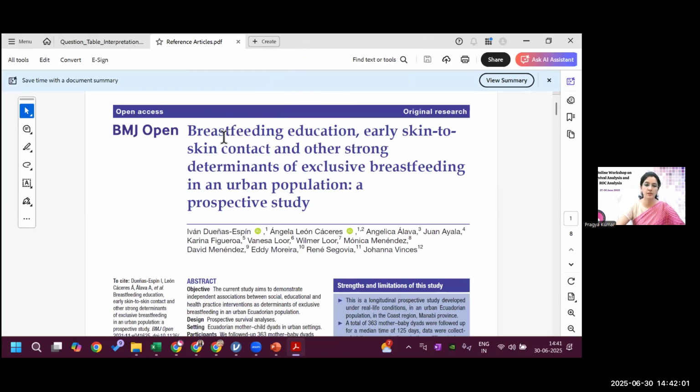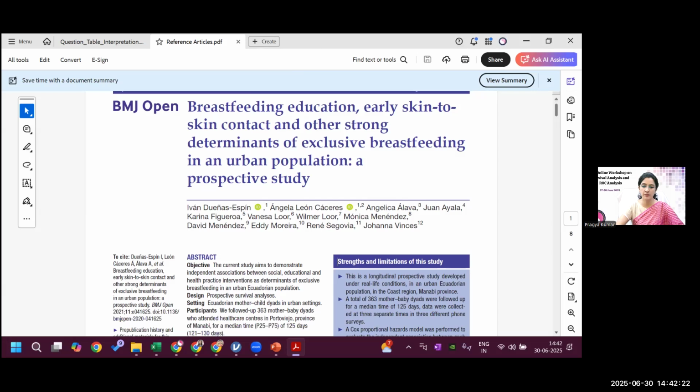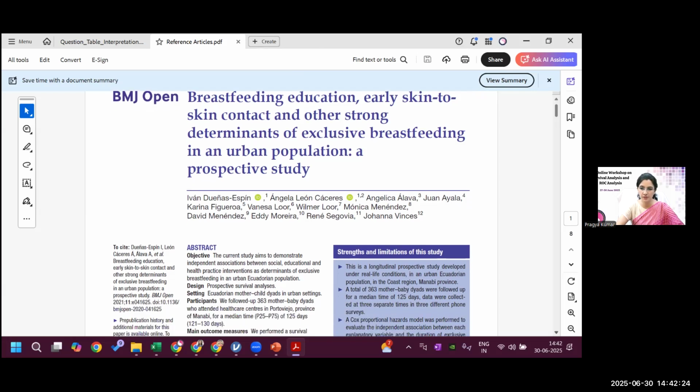This data set that we have created is taking this article as a reference: Breastfeeding education, early skin-to-skin contact, and other strong determinants of exclusive breastfeeding in an urban population, a prospective study. If you come down, read the strengths and limitations of the study.